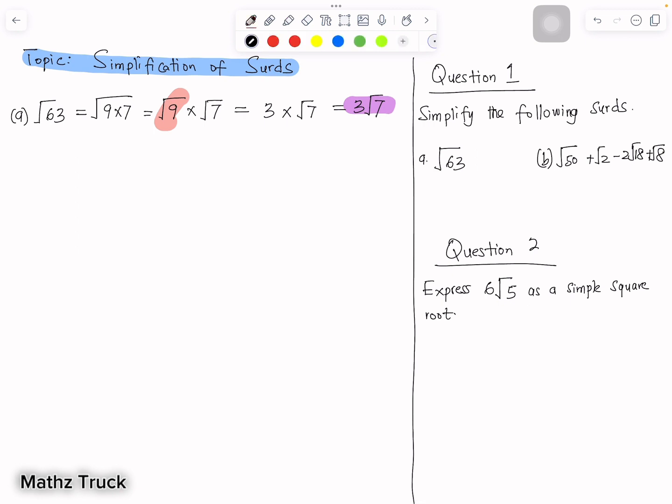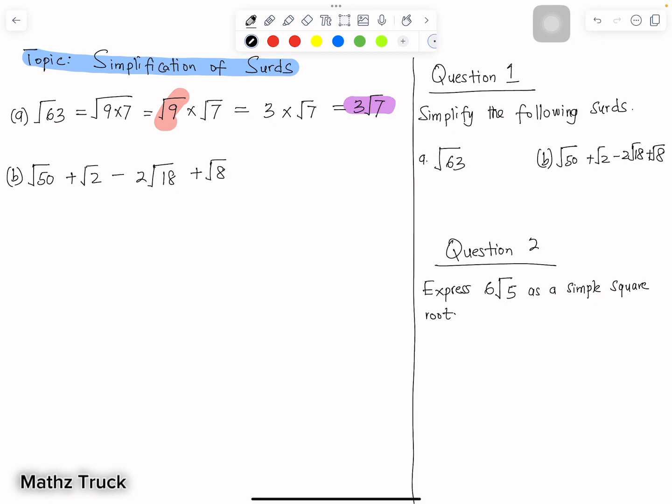Now let's move to question 2. Question 2 is a bit longer. Go through them step by step, okay? Now we have square root of 50 plus square root of 2 minus 2 root 18 plus root 8.